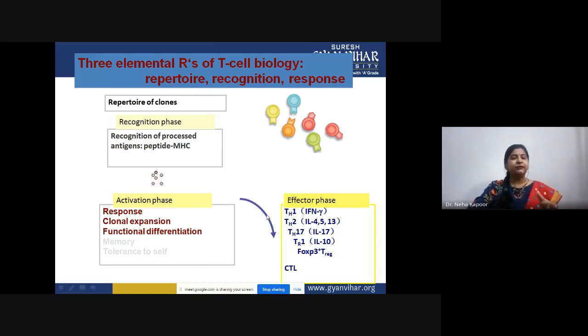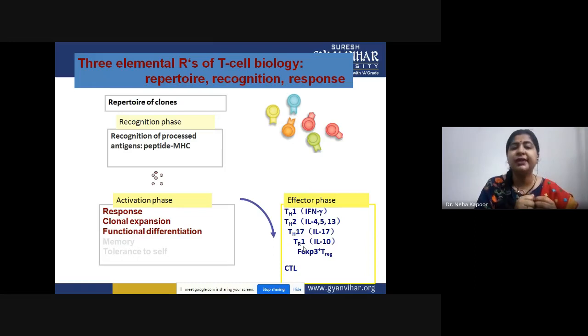At that point, in the effector phase, in response to that very recognition, many cytokines are released. For example, T helper 1 cell will produce interferon gamma. T helper 2 will release interleukin 4, 5, 13. T helper 17 will only function in case of fungal infection.